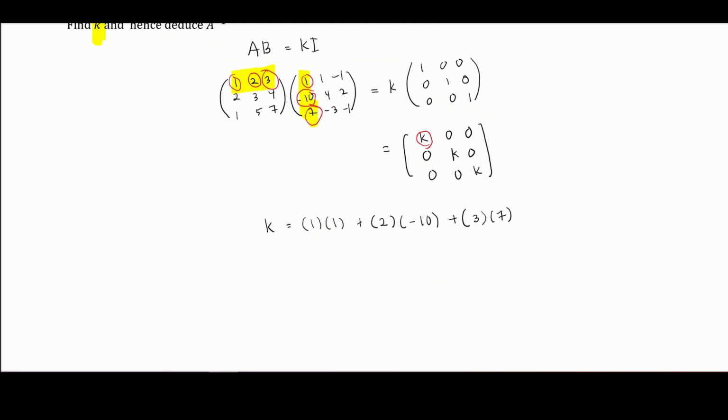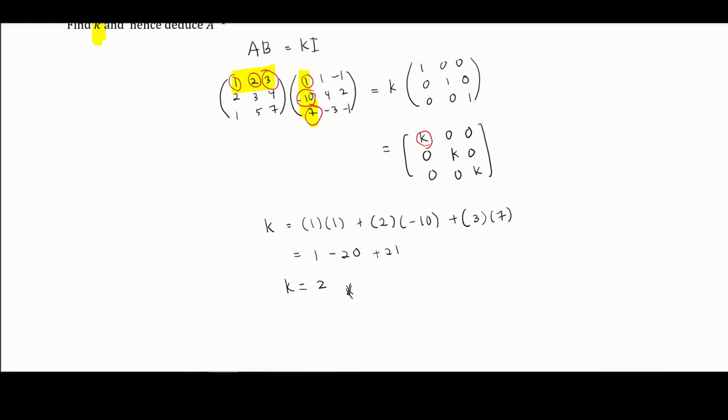So if we simplify this, we will get the value of K. 1 times 1 is 1, 2 times negative 10 is negative 20, and 3 times 7 is positive 21. And if we simplify this, we get 2. So K is equal to 2.